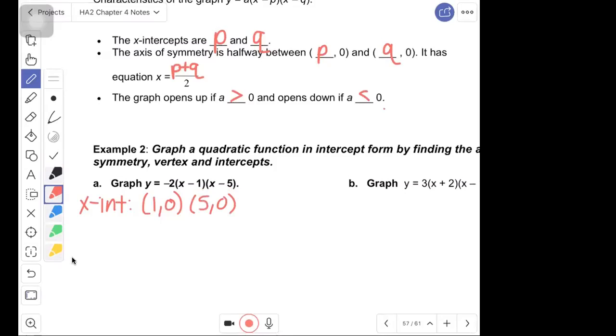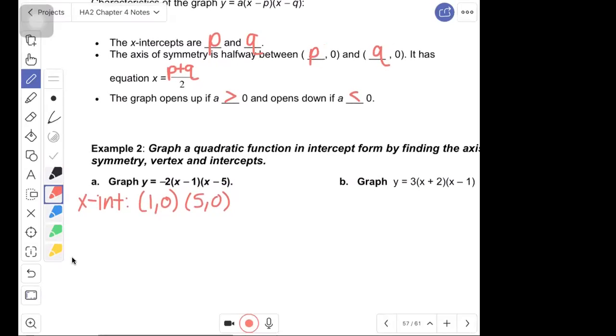So now we have the x-intercepts. Now I'm going to move to our axis of symmetry because I'm going to use those x-intercepts to find that. And we need that x coordinate for the vertex. So using that x equals p plus q over 2, we're just adding those intercepts.